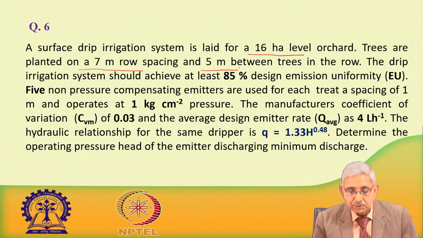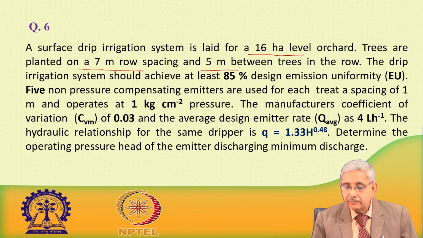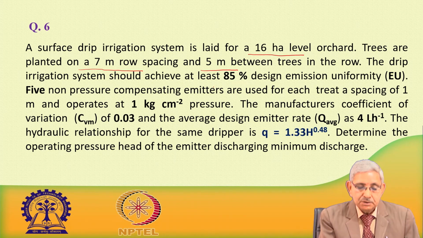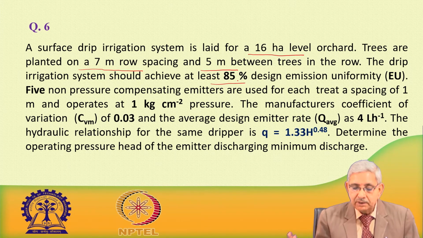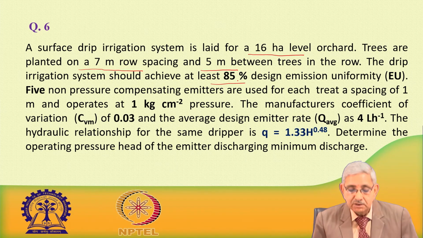So, row to row spacing is 5 meter, and plant to plant spacing is 7 meter. The drip system should achieve at least 85% of the design emission uniformity. This is the condition.